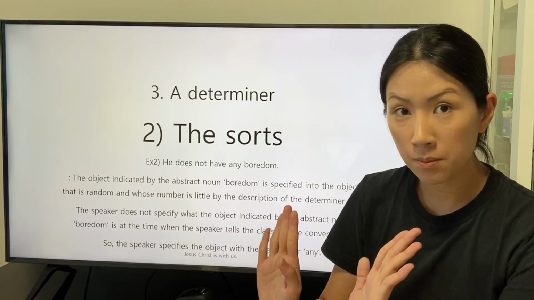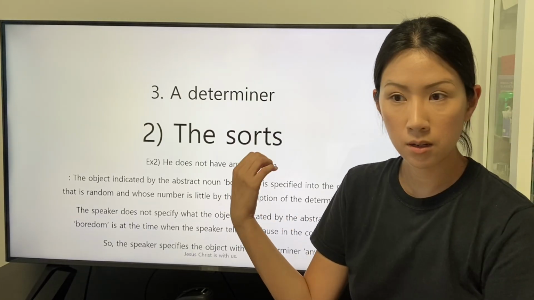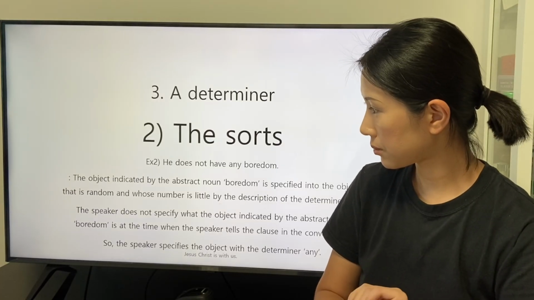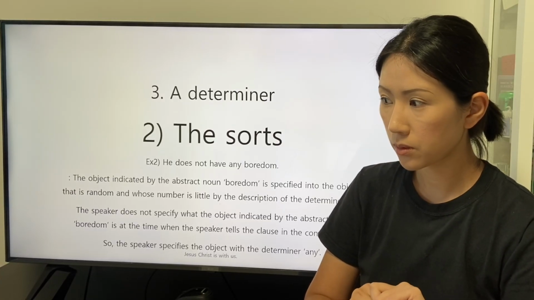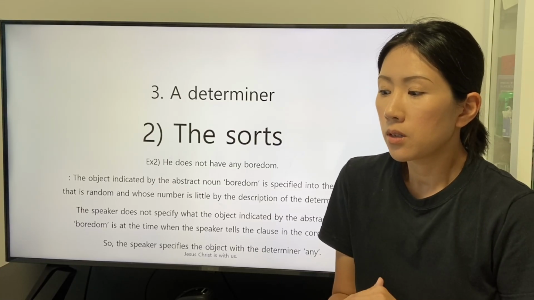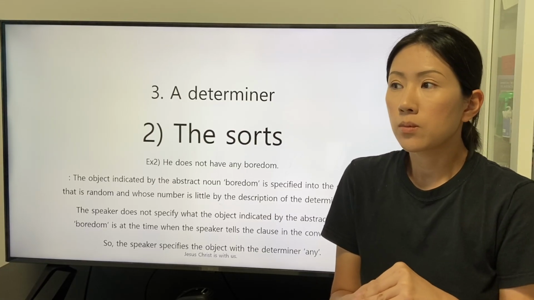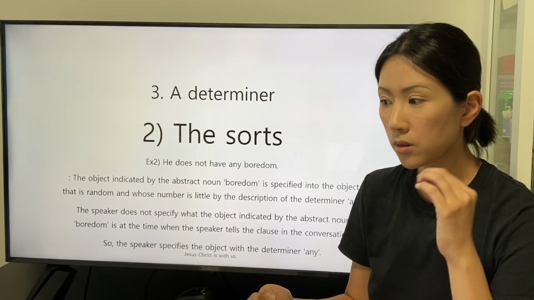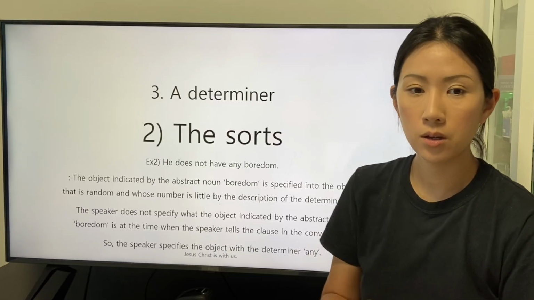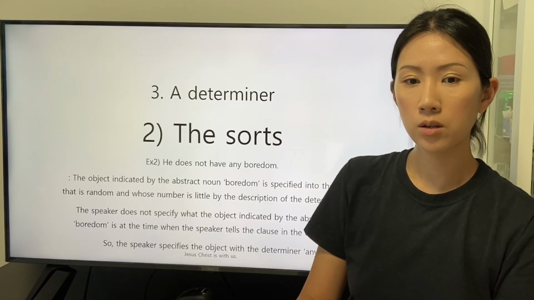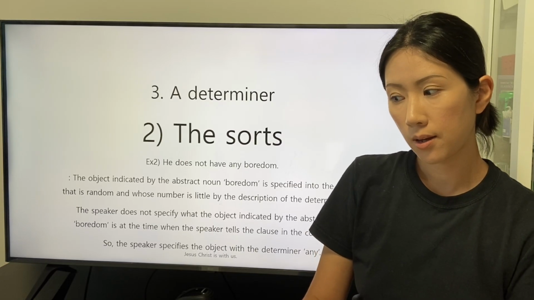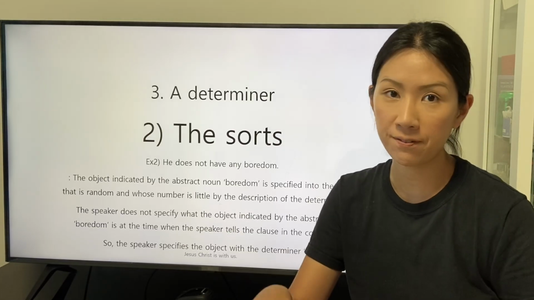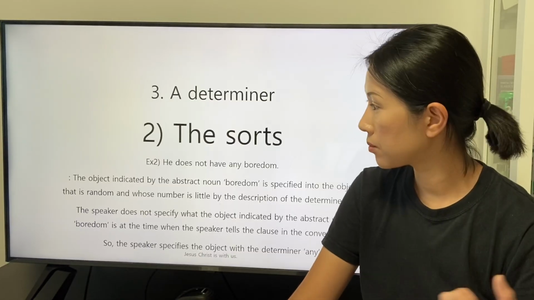is described by the determiner any because the non-existence of the entire object indicated by the abstract noun burden is equivalent to the unspecified range of the entire object, whose part can be indicated by the abstract noun burden in the statement.